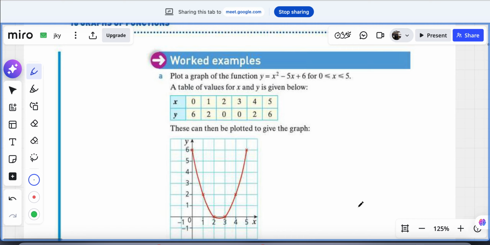Then you square both. This is a short way of factorizing a perfect square, because x squared plus 6x plus 9 is a perfect square.